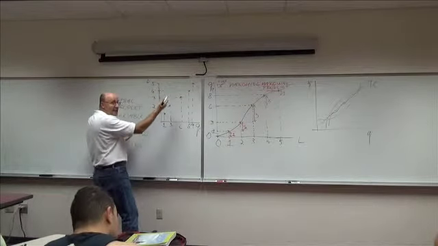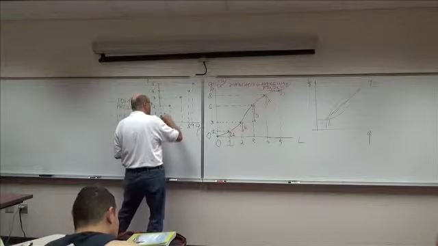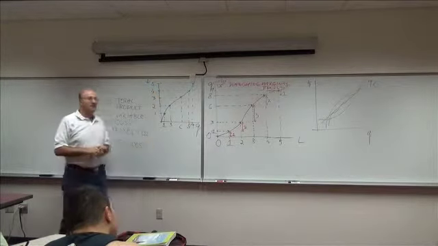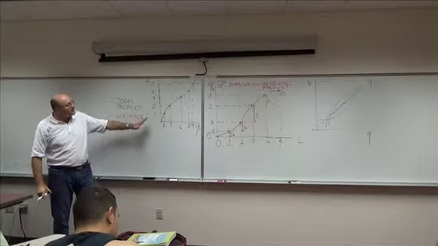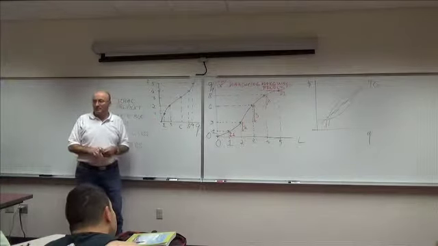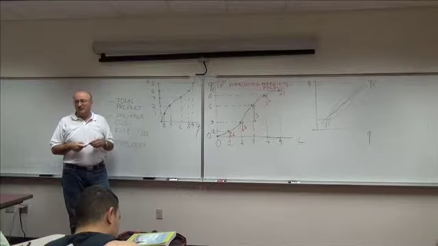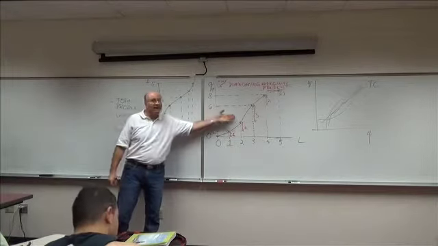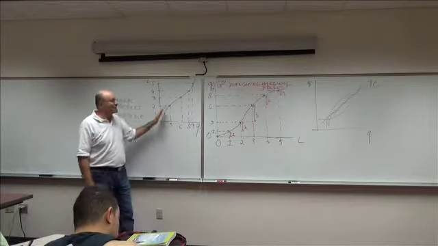When I connect the dots, this is what I get. What does this curve look like? Same. Like a snake. Because it really is the same snake as this one, only it snakes the other way around.